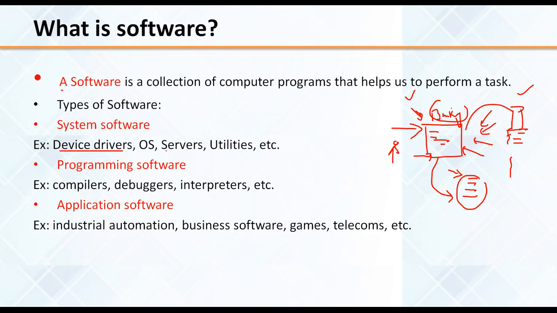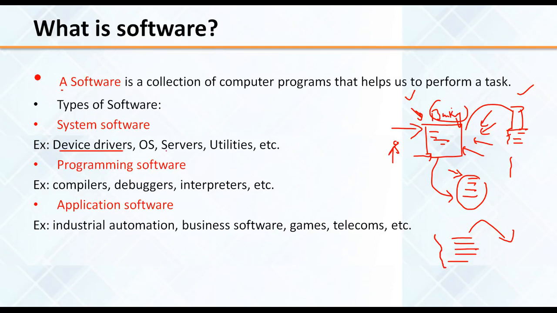And then programming softwares. Programming softwares are used basically for compiling, debugging or interpreting your programs. Suppose in Java or C or C++ or .NET you have created some program. If you want to compile this program or get the output from it, you need to execute this program first, right?